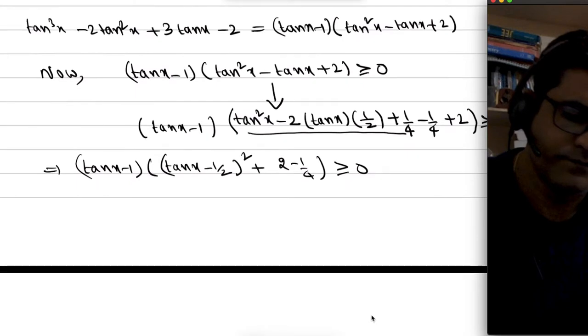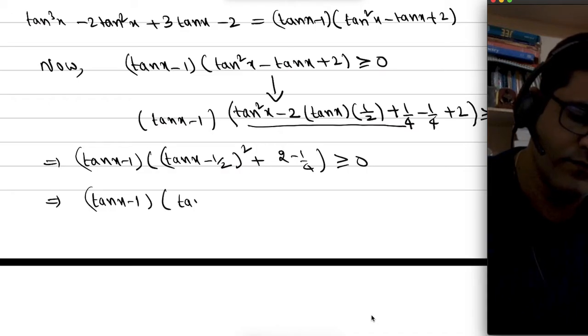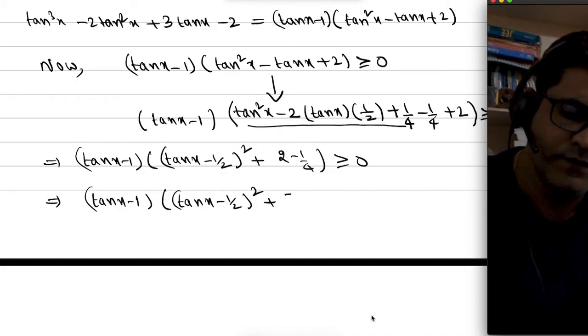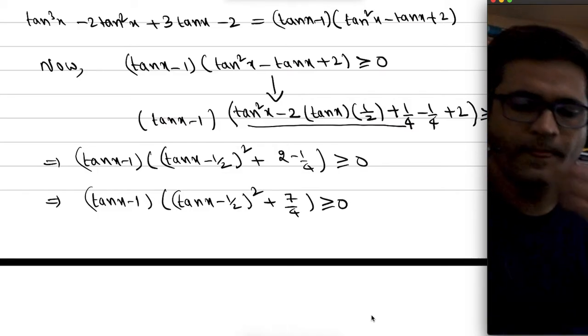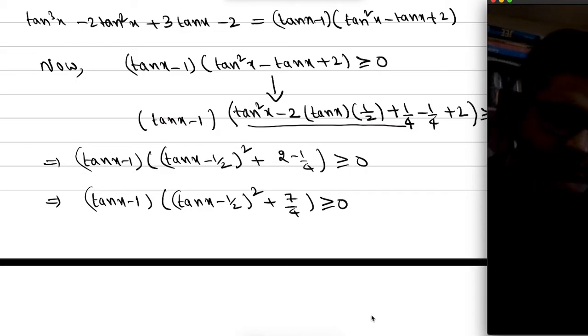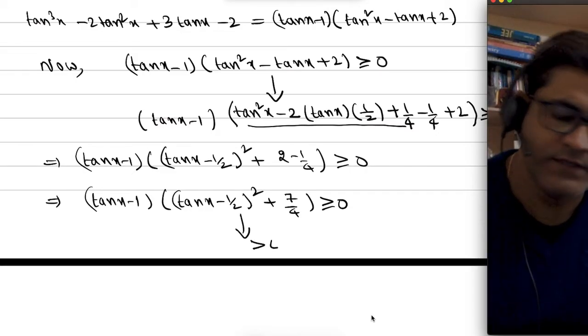So this implies tan x minus 1 into tan x minus 1 by 2 whole square plus this is 7 by 4 is greater than or equal to 0. So here the second factor is always a positive quantity, it is always greater than 0.